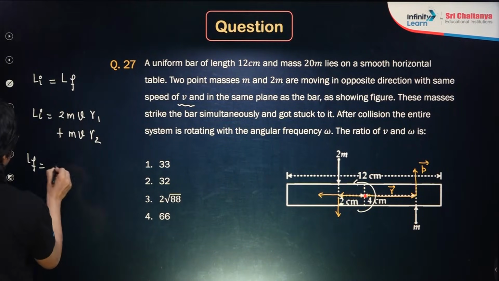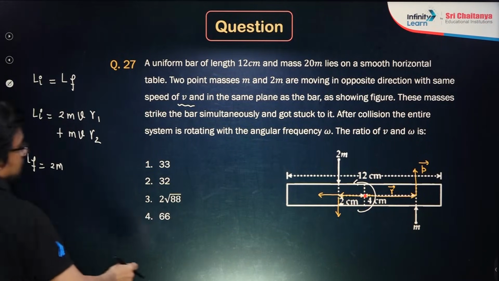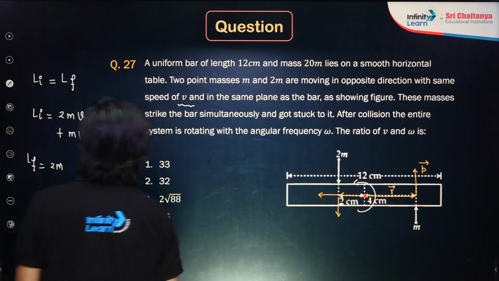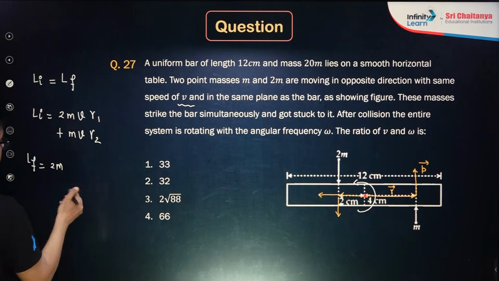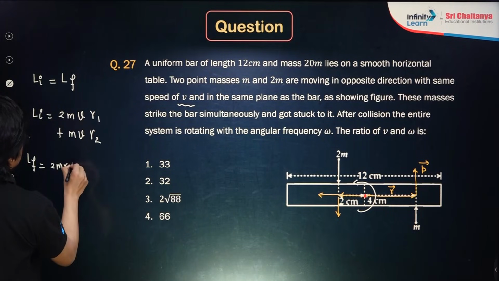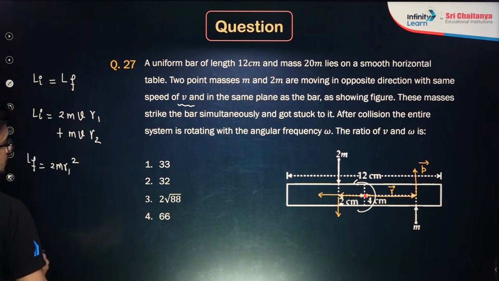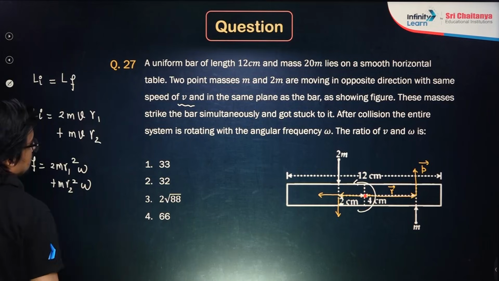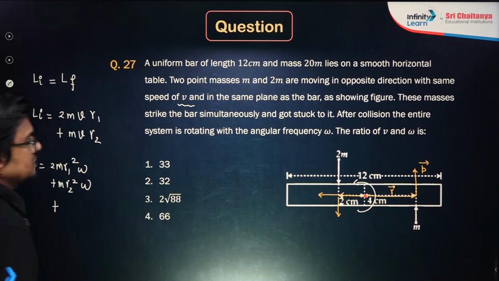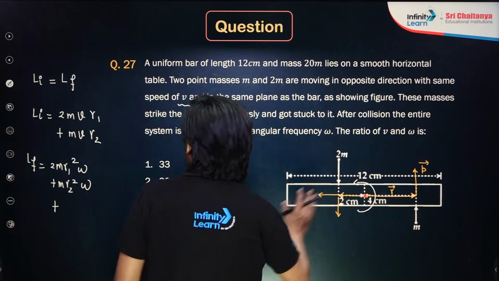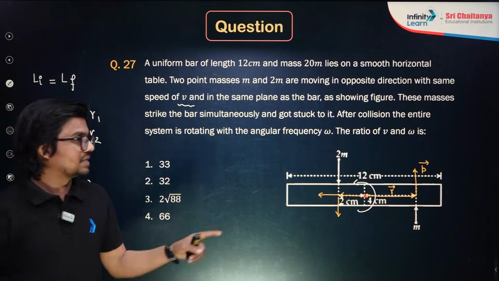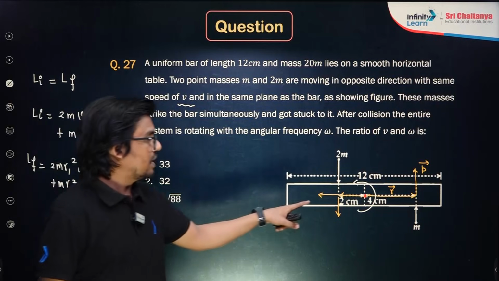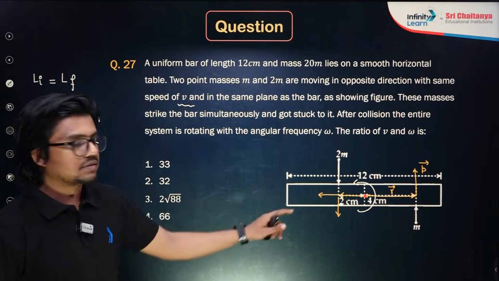So final angular momentum, that you can just write as, let me write moment of inertia of this 2m particle here at the bar. So its moment of inertia is 2m into r1 square. So 2m into r1 square into omega plus m into r2 square into omega plus the angular momentum of this bar about this axis, and that is actually equal to m L square by 12 into omega. L is the length of that bar.